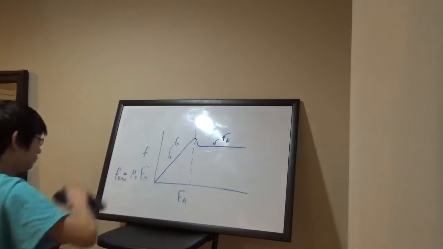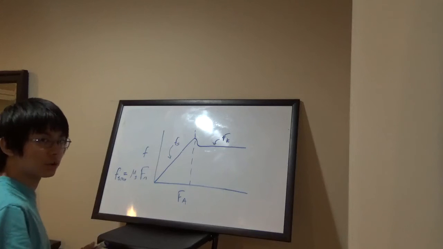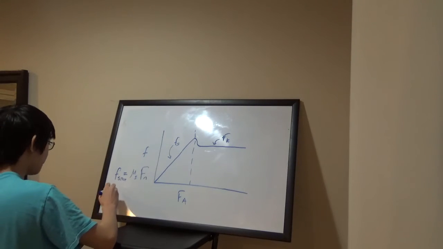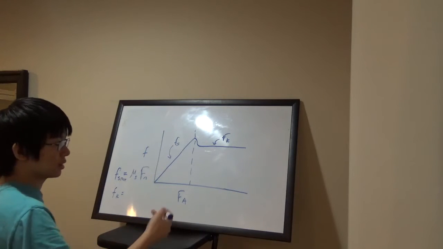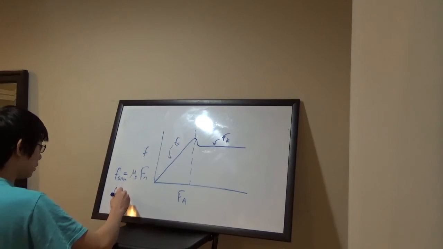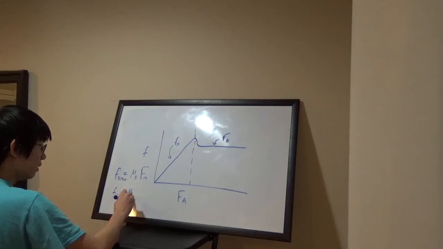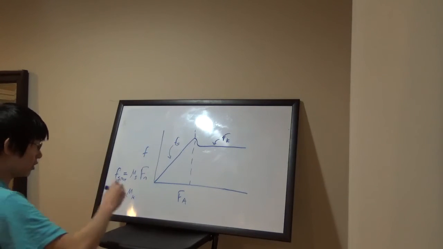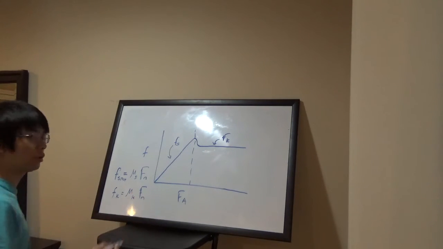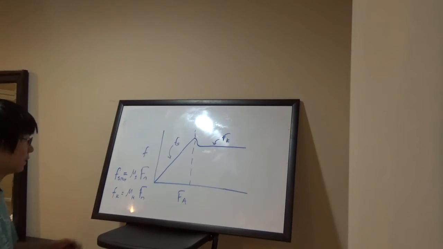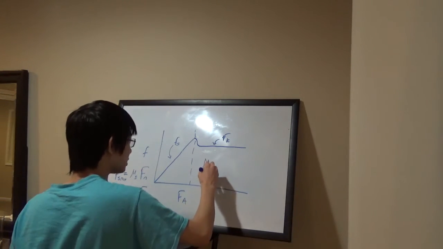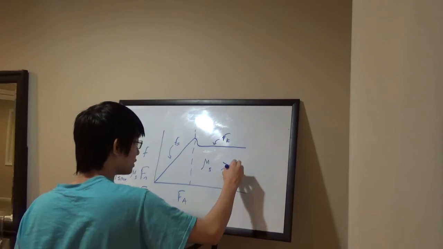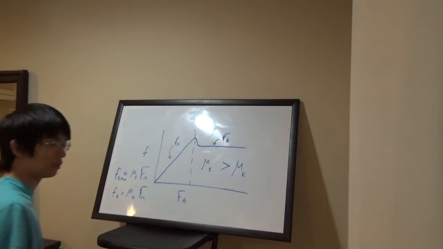Alright, so what about this kinetic friction? Well, kinetic friction, we're just going to say it's a constant because it's constant from here on out, is equal to the kinetic coefficient of friction multiplied by F of n. Very similar formula. And something very important to note is that this mu of s is always going to be greater than this kinetic coefficient of friction.